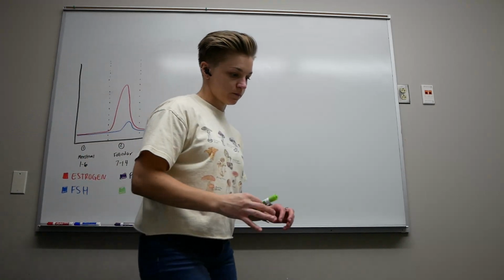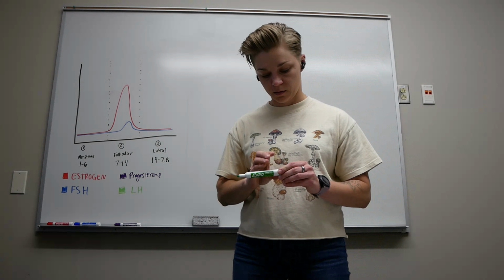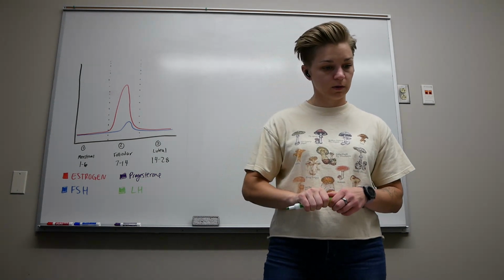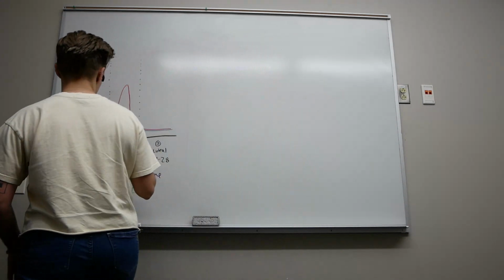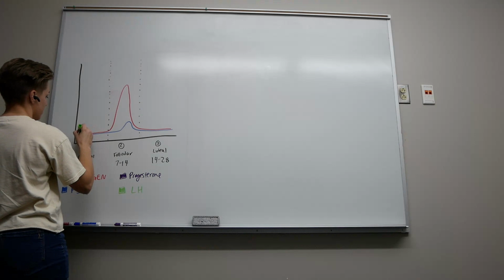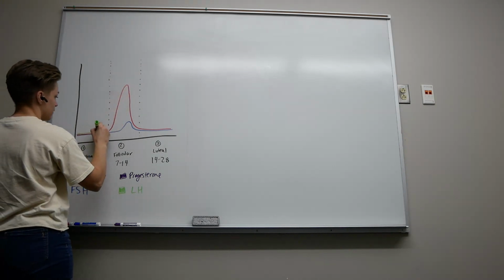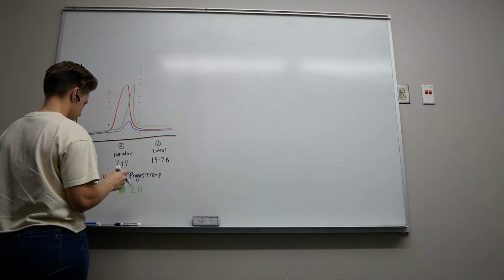And luteinizing hormone is what causes the mature follicle to release the cell, which is then called the egg. That peaks pretty much the same time as follicle stimulating hormone, but at a pretty significant amount, just past the peak of estrogen.